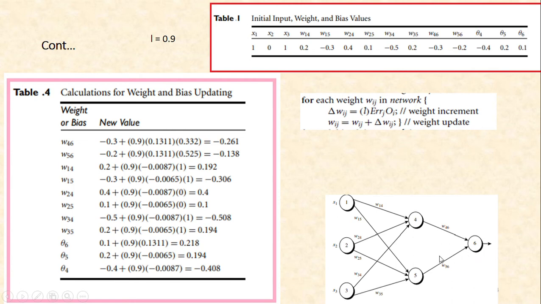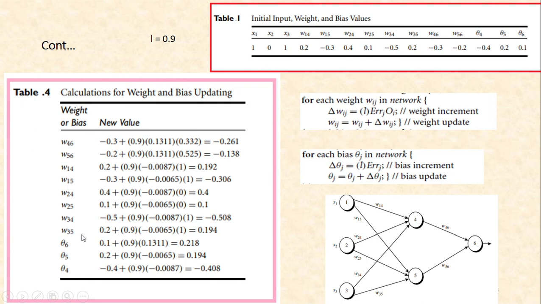That is the existing given weight plus the update. The given weight for W56 is minus 0.2 plus L, that is 0.9, into the error with respect to this node, 0.1311, and the output of 0.525, which is equal to 0.138. These steps can be repeated for evaluation up till W35.